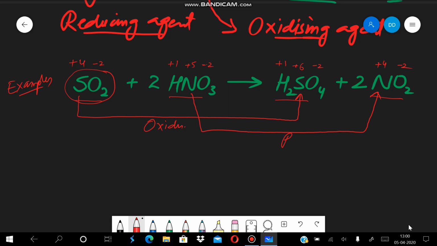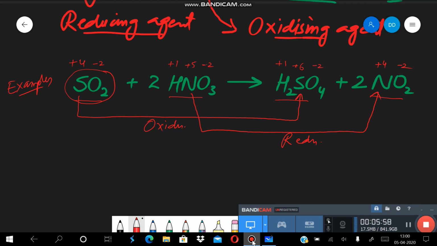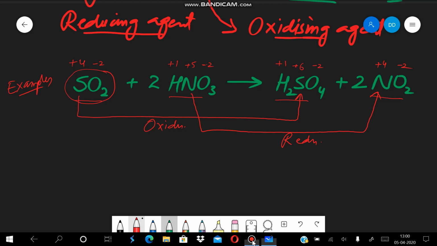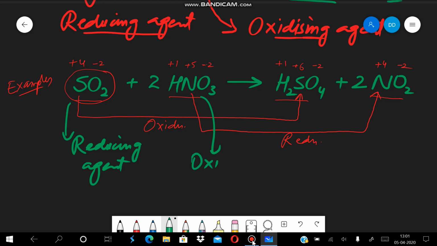It means nitric acid undergoes reduction. So in this case, sulfur dioxide is acting as reducing agent, while nitric acid is acting as the oxidizing agent.